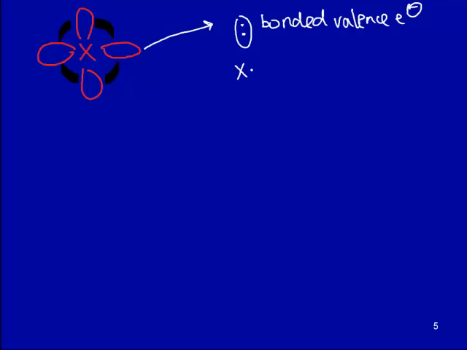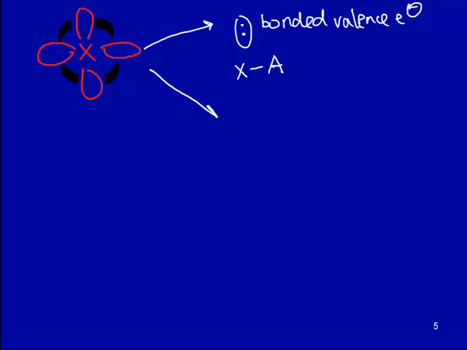If I have a central atom and a surrounding atom, that we'll call A, those are the bonded electrons, each bar representing a pair. You can have a double bond, that would be 2 pairs, a triple bond would be 3 pairs. So those are bonded valence electrons.